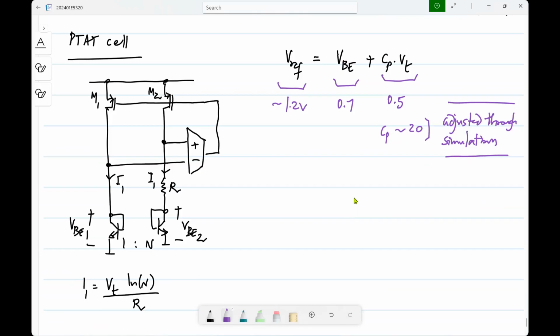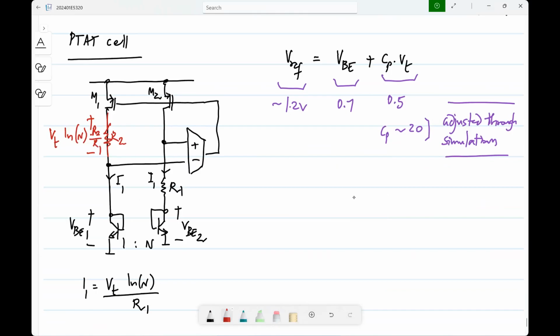Because PTAT currents are flowing here. Okay. So if I insert a resistor here, R2, so let me call this R1. What will be the voltage across this? So it will be VT log N R2 by R1.